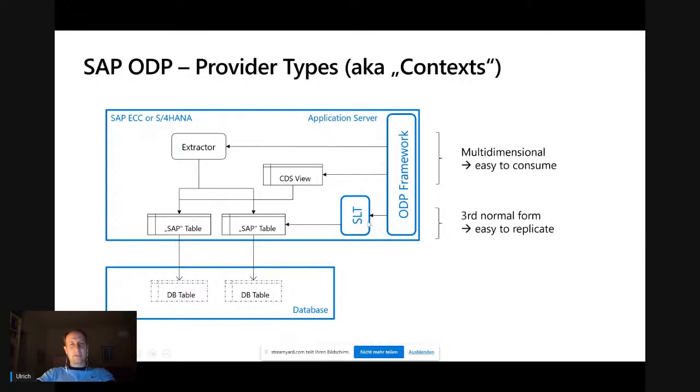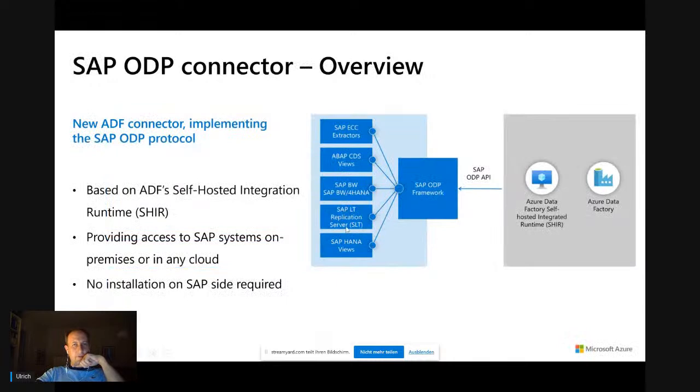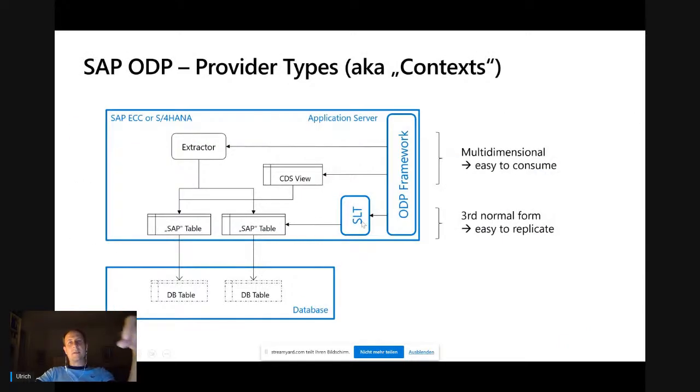Because tables, and especially if you have a table replication mechanism like the so-called SLT server, the System Landscape Transformation server, that's the component we have here. This is a trigger-based table replication mechanism, which works very generically and easily with tables, but of course can't easily be used with such higher level logical structures.